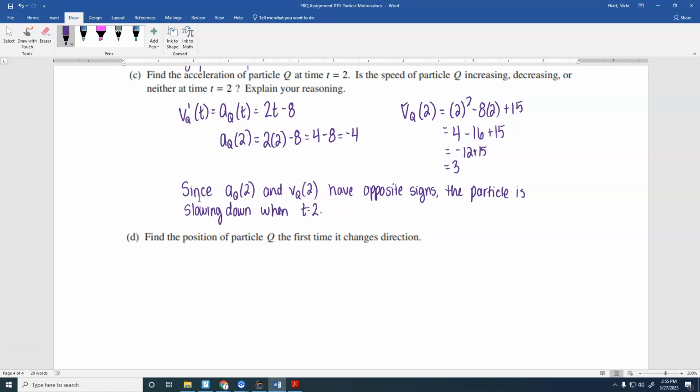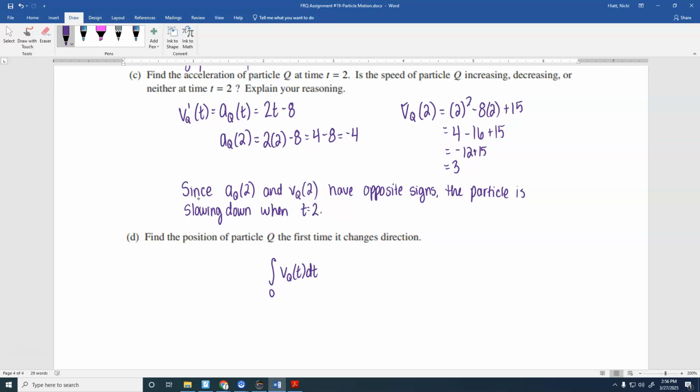How are we going to find position? We got to integrate. But if I integrate from 0 to something right here, my v sub q of t dt, that does not give me position. It gives me the displacement during that time period. So I have to also know where this particle started from.